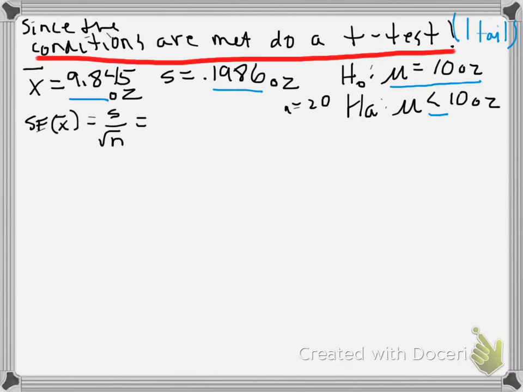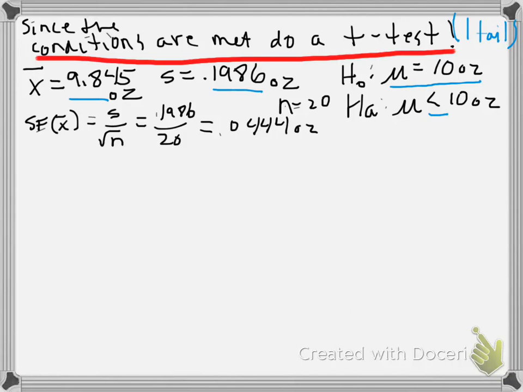So we're going to have 0.1986 divided by the square root of 20. We get 0.0444. I'm going to leave it like that. So that's the standard error for our sample of 20.